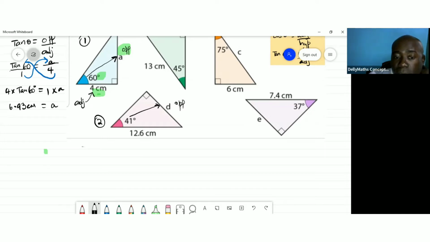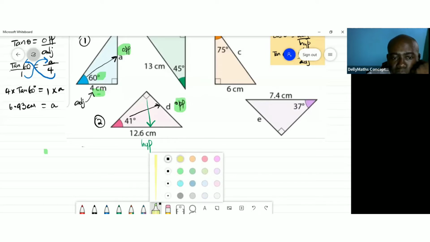But we actually got 12.6 centimeters, and that side is opposite to the right angle. So this is the hypotenuse. So then I want to look at the trig ratios to see which one includes, 1, the opposite side, and 2, the hypotenuse.